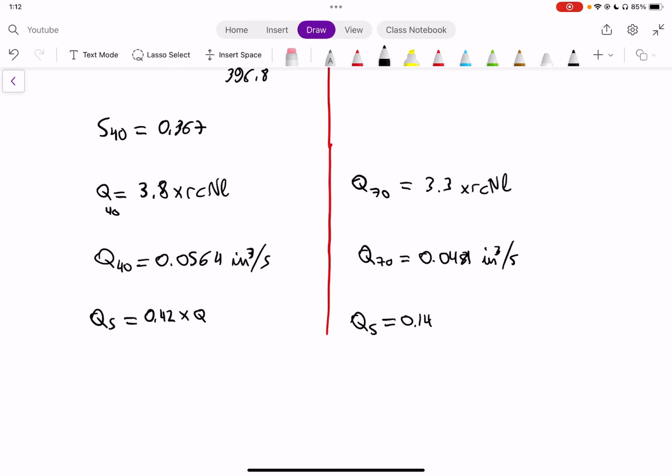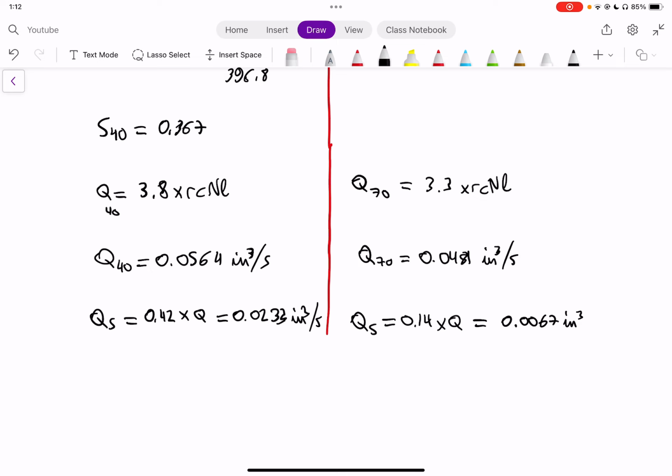Then I multiply by Q, and I get a value of QS equal to 0.0233 inches cubed per second, and my right side would get a value of 0.0067 inches cubed per second.